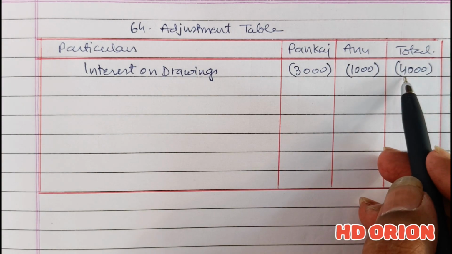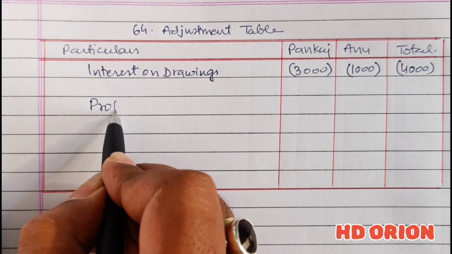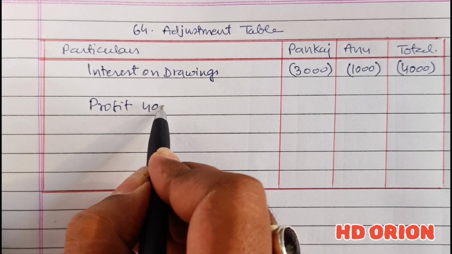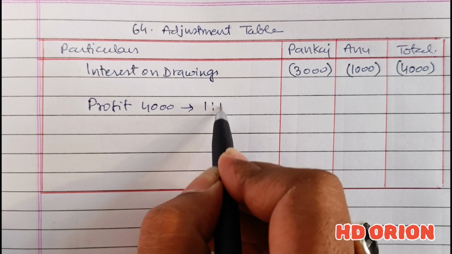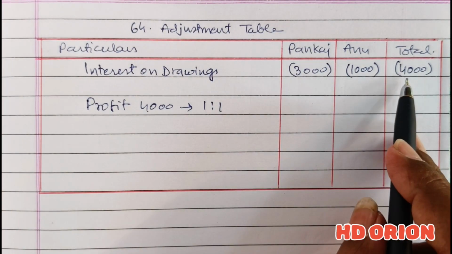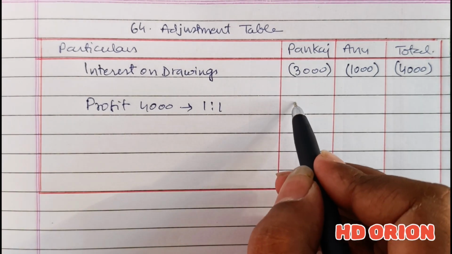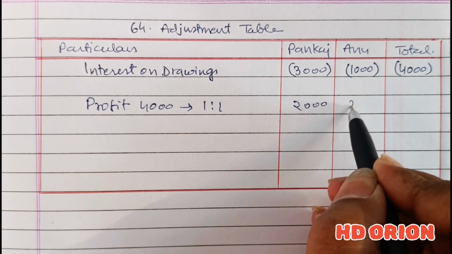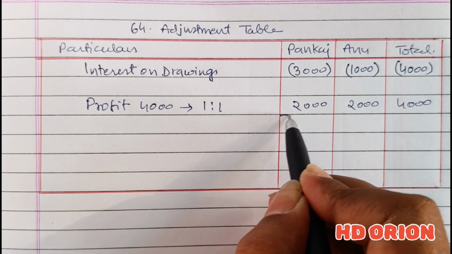After receiving this 4000, it converts into profit, and this profit of rupees 4000 is to be given to the partners in their profit sharing ratio, that is 1:1. So after receiving this interest on drawings, 4000 will be given to the partners, so that is a positive amount. Fine. So that way we have to compare here.